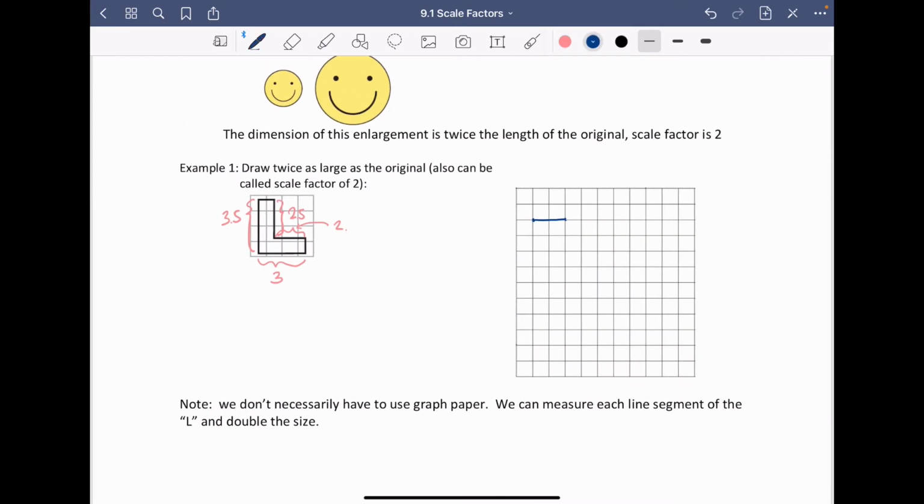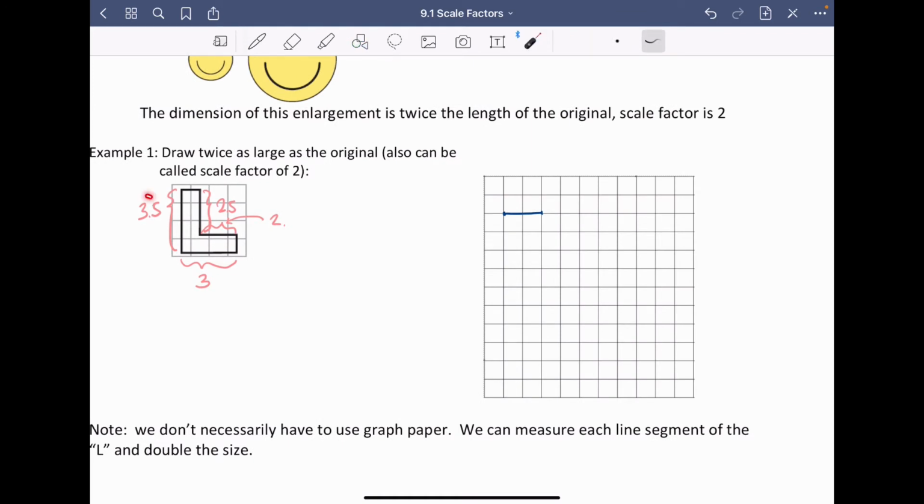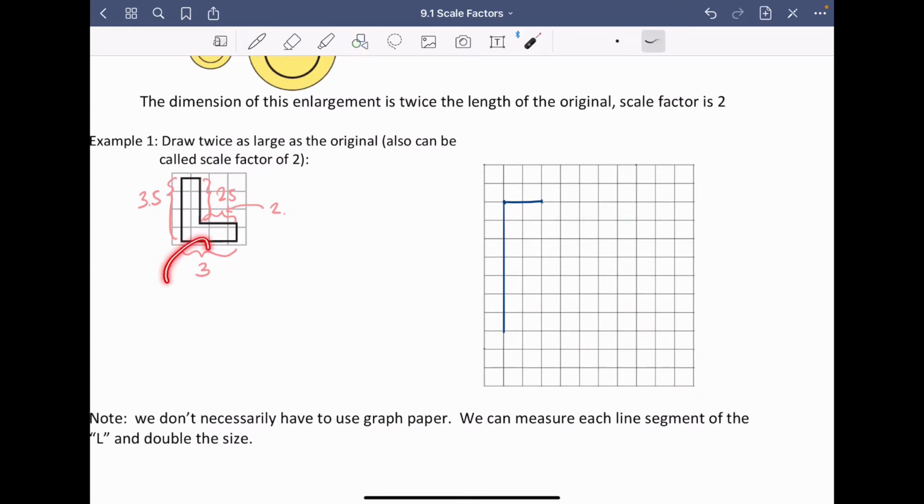So let's draw it. 2 times 3.5 will be 7: 1, 2, 3, 4, 5, 6, 7, and over here. Then 2 times 3 will be 6. We know the width is 1, doubled, so 2. And this is 2, so doubled will be 4.